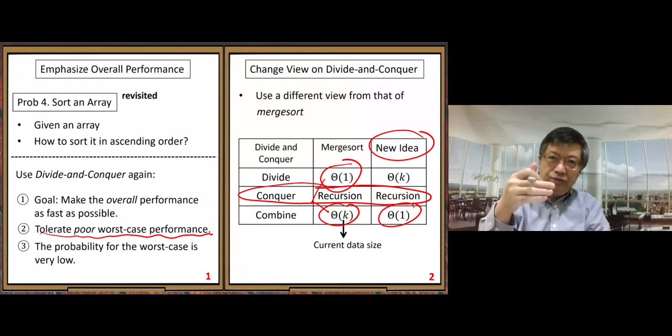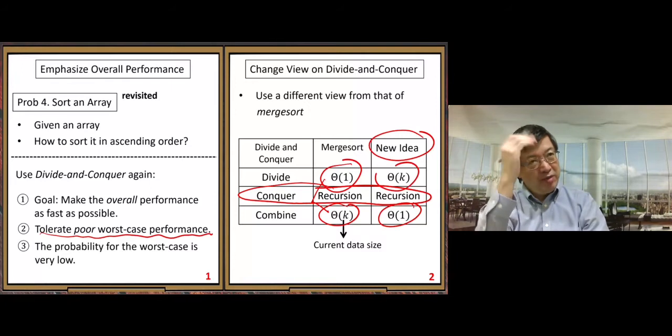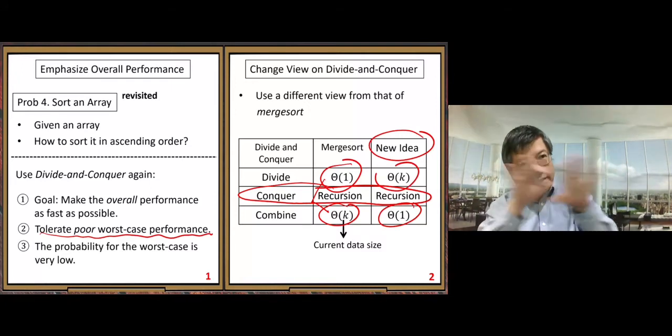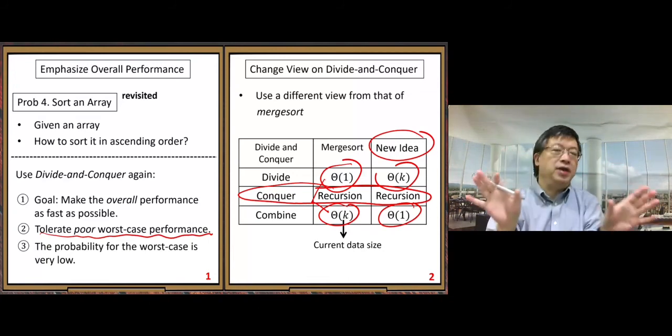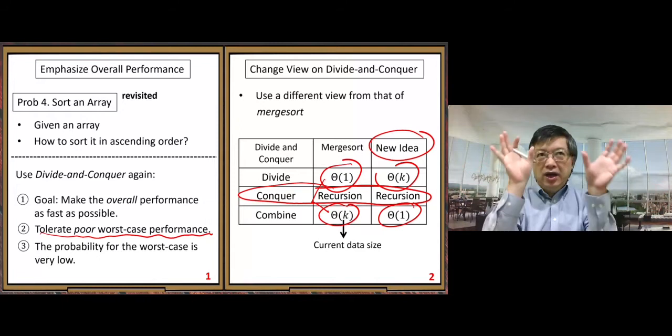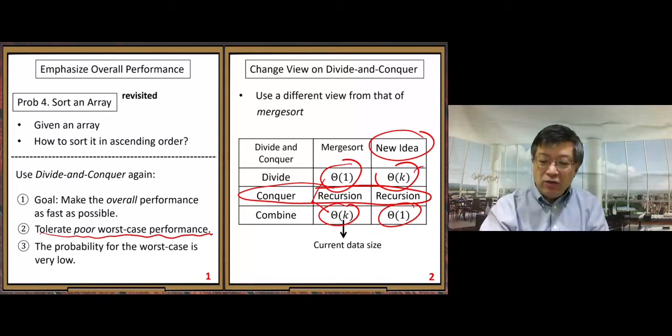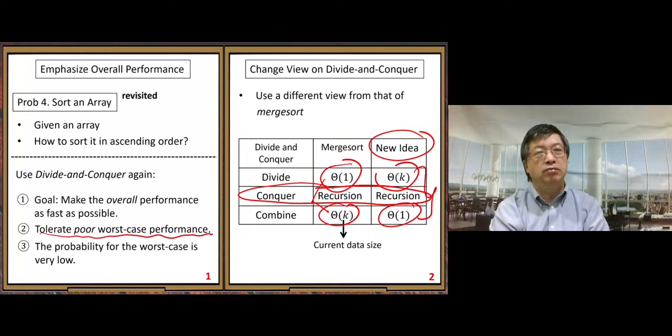So we pay big theta of k to divide, to separate our data into two subarrays.